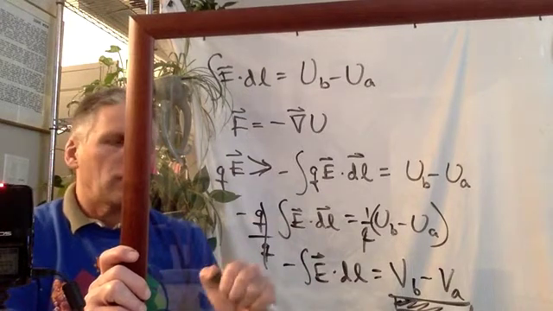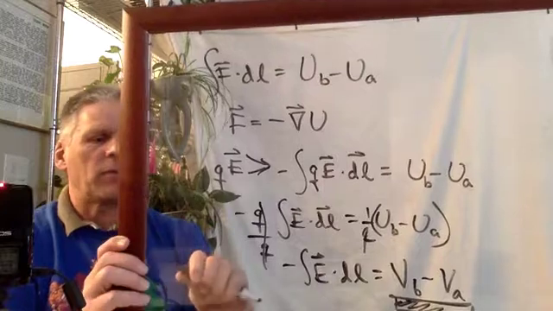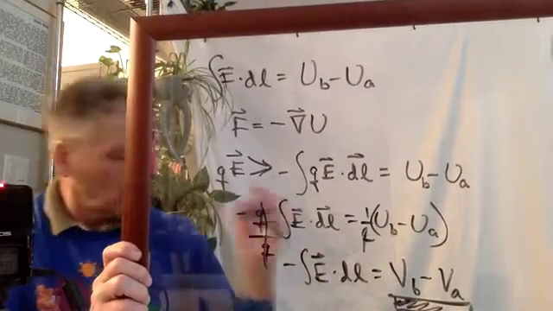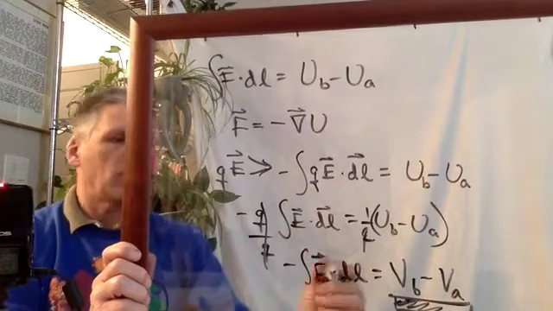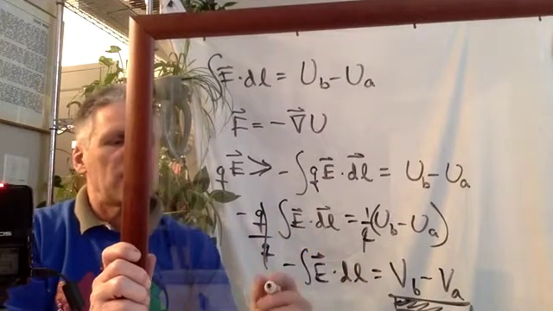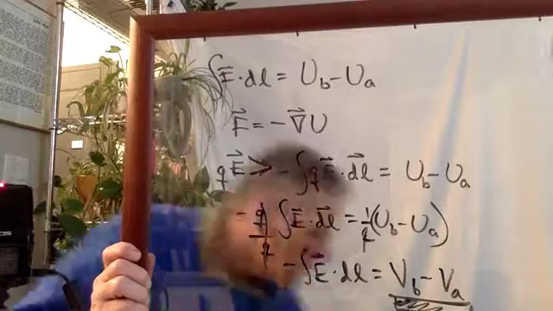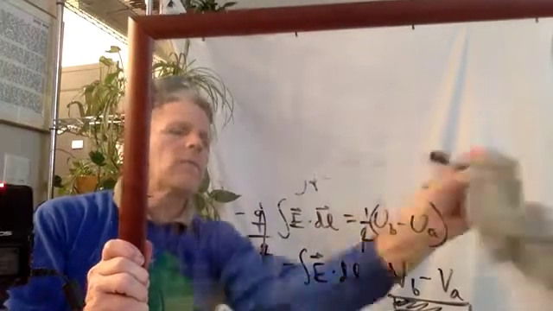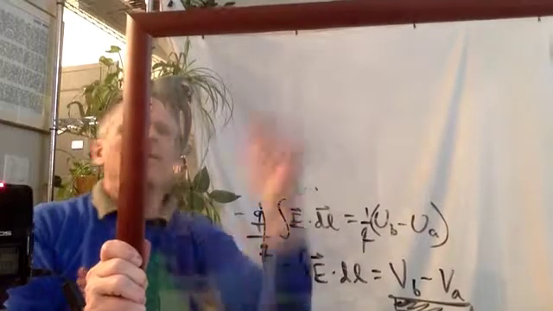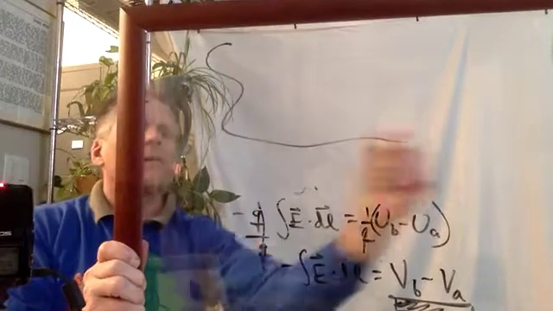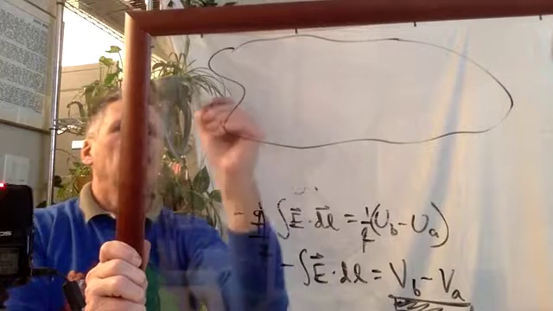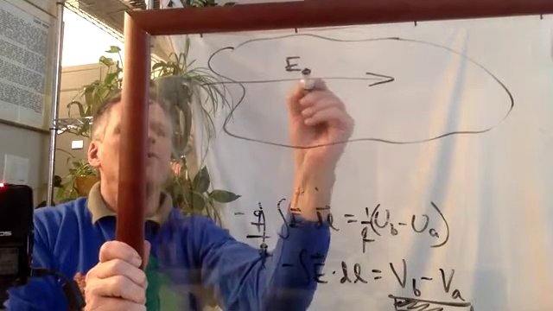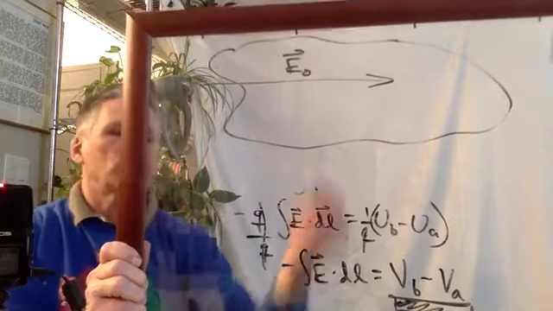let's go ahead and look at one specific case for a uniform electric field, because that's going to give us one more definition here that we're going to be able to use. If this E is constant, so let's just say I've got some region of space, and within this region of space, I have a constant E that's just E0 in some certain direction.